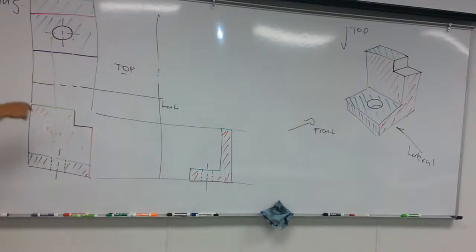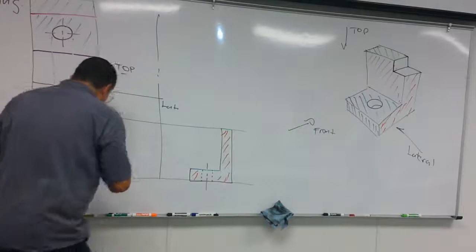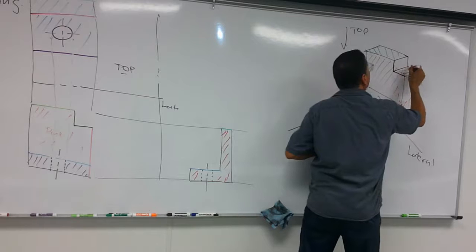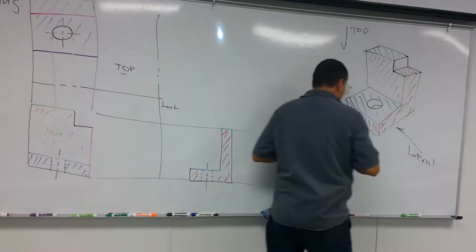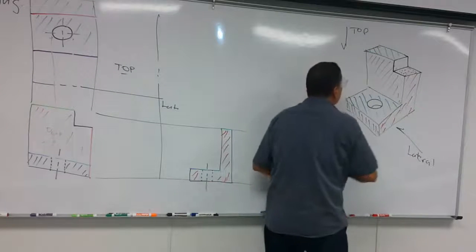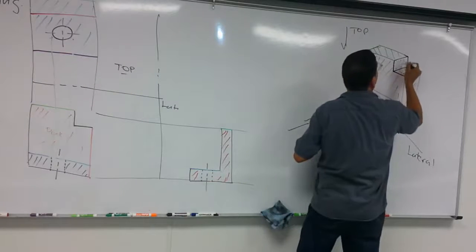What about that corner on top? You can see it. You can see it from the top. But you can see something. For example, suppose that this is the color red here, and this is the color black here.